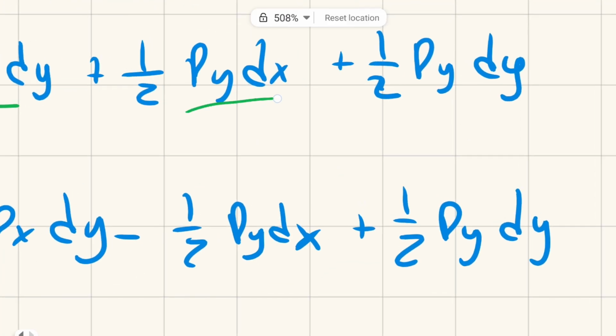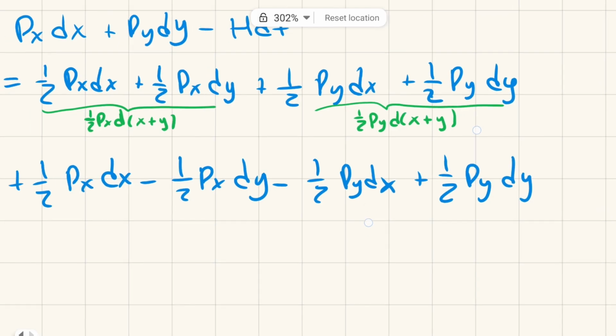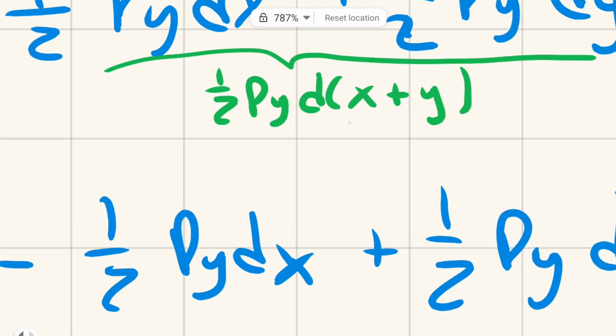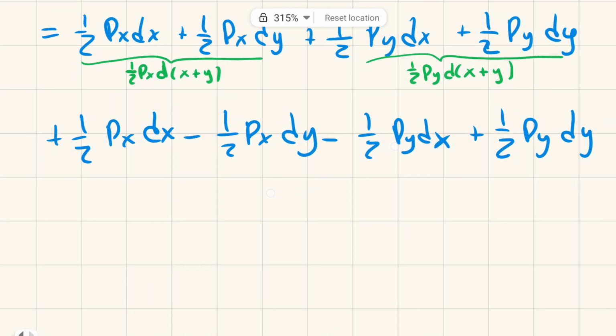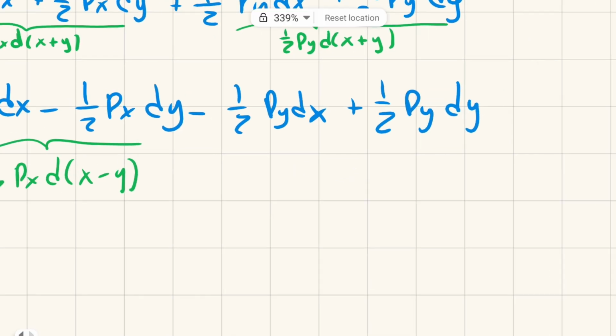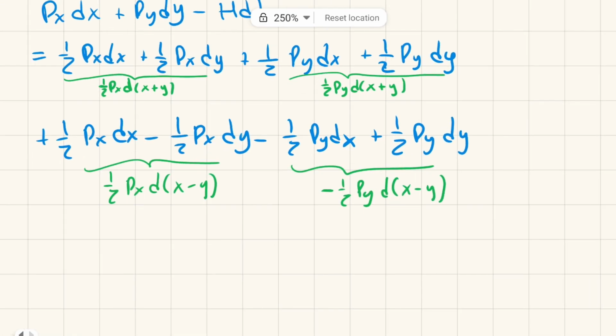So, for example, this can be seen as 1/2 py d of x plus y, right? Remember that this differential is a linear operator, so it can be applied first to the x and then to the y. So we get these two elements that we have here. And from here, we can get that this is equal to 1/2 px d of x minus y. And here, this is equal to minus 1/2 py d of x minus y, right? Okay.